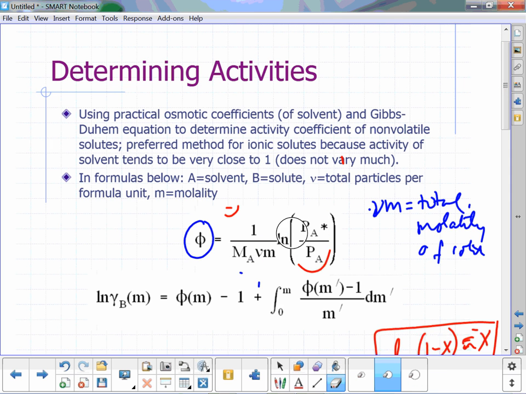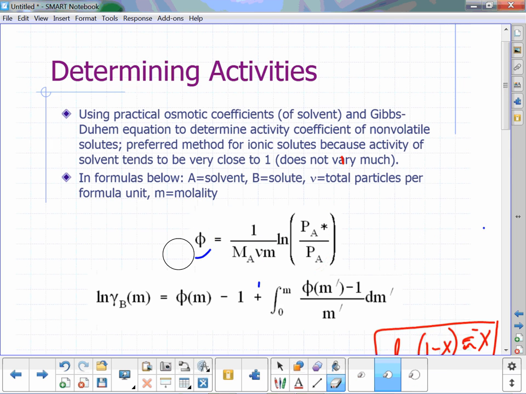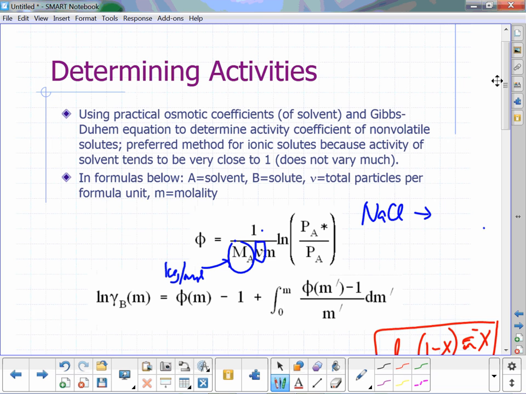And you might be asking, where did the 1000 go? The textbook I copied this from gives the molar mass in kilograms per mole. So if you don't put a 1000 up there, then this would have to be in kilograms per mole. And what is this new nu doing here? For example, if you have sodium chloride in very dilute solutions, you get sodium and chloride, so you actually have to multiply your molality by 2.